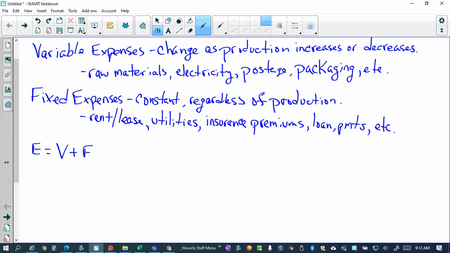Now the variable would act kind of like a rate of change, wouldn't it? For example, in a linear equation, V acts like the rate of change, which is what part of the linear equation?